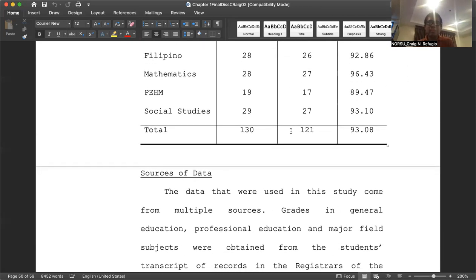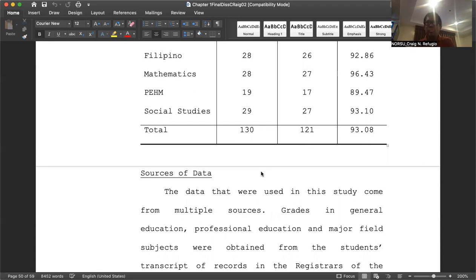And then since the data are taken from different sources, because there is no questionnaire in this study, the sources of the data are actually to be indicated. And you have to remember that there are two kinds of sources of data. We have the primary sources and then the secondary sources. I assume you know what primary sources and secondary sources are. If, for example, I collect the data from the participants themselves, that is a primary source.